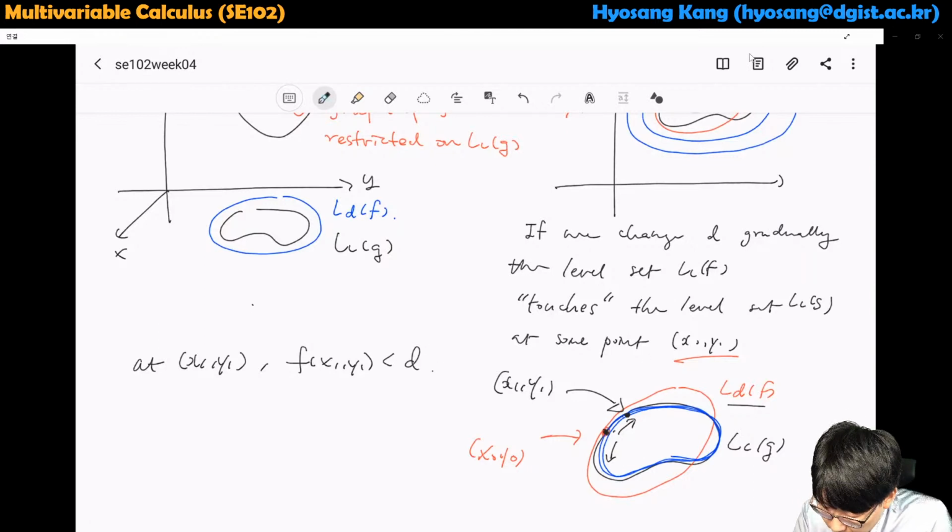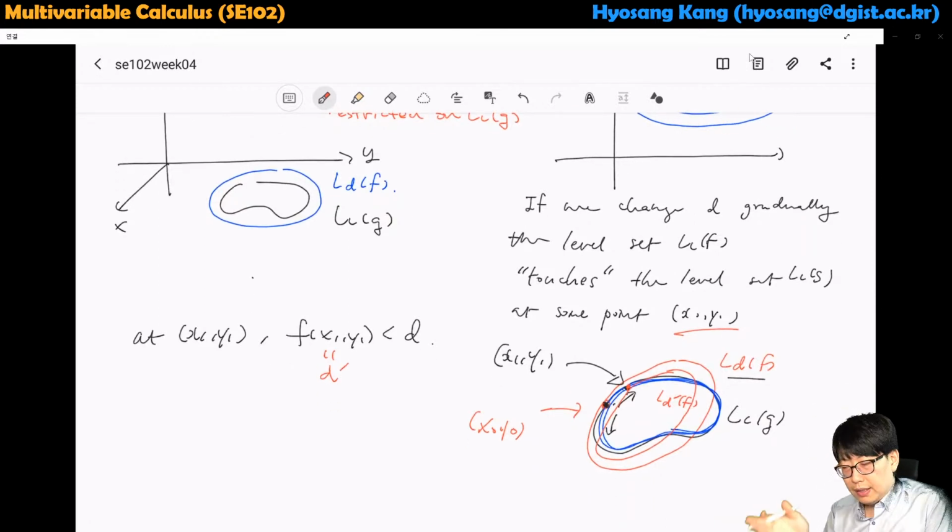because in order to find the value of function at this point, I need to find a level set which intersects this point at the level set of G. So if I had a level set D prime, where D prime is smaller than D, it could intersect a point other than x0, y0, say x1 and y1, but the value D prime should be smaller than D. That's the only way I can intersect a point other than x0 and y0.